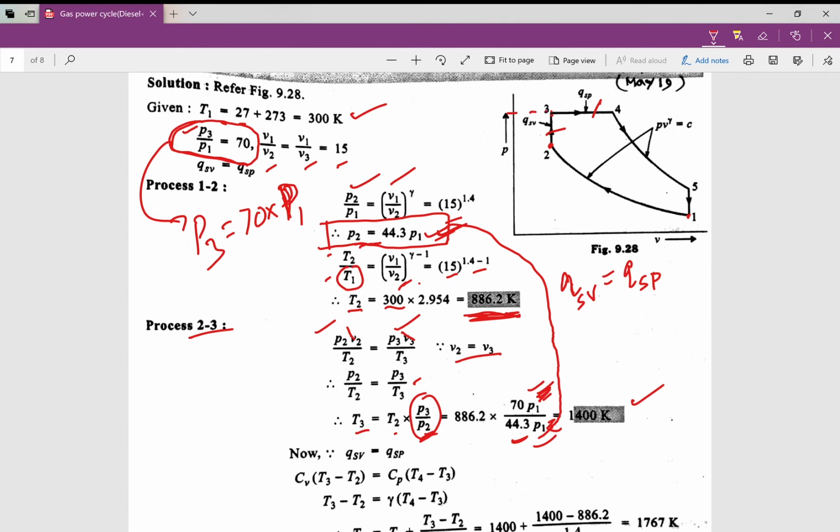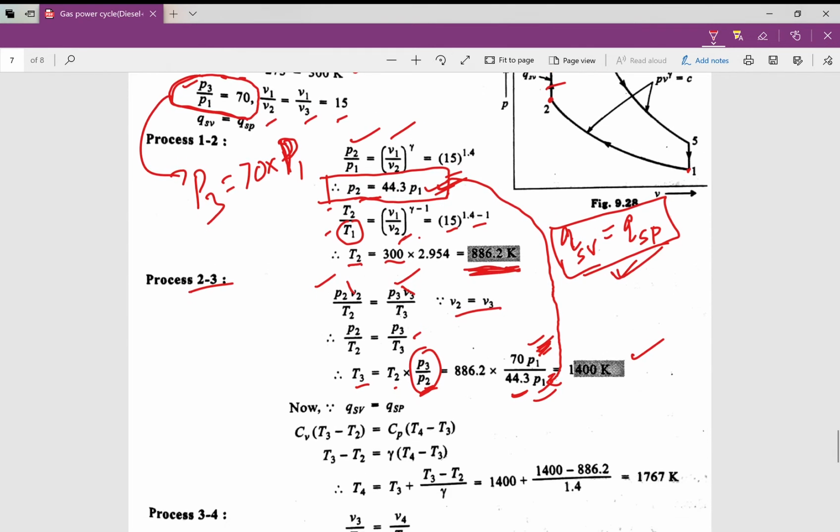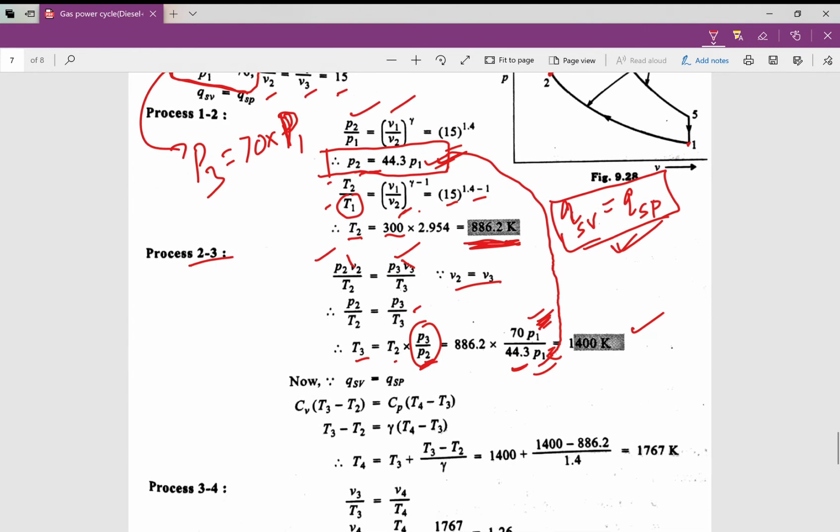Now students, this condition is given to you, so let us apply this condition to move further. For unit mass, heat supplied at constant volume is equal to heat supplied at constant pressure.